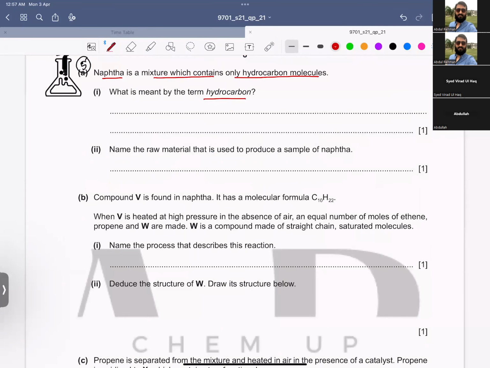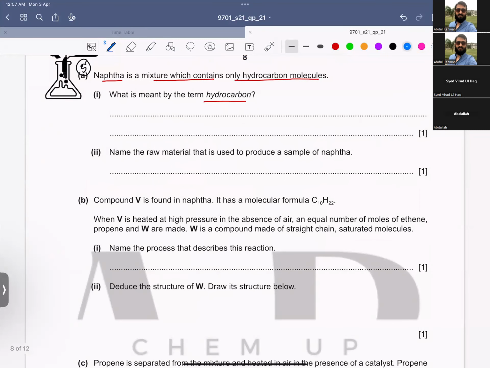So it just tells us that there is hydrogen and carbon, so we can write hydrocarbon is a compound containing carbon and hydrogen only.